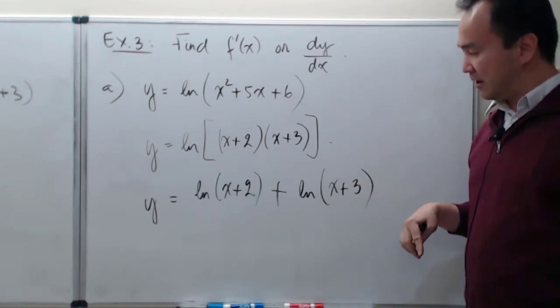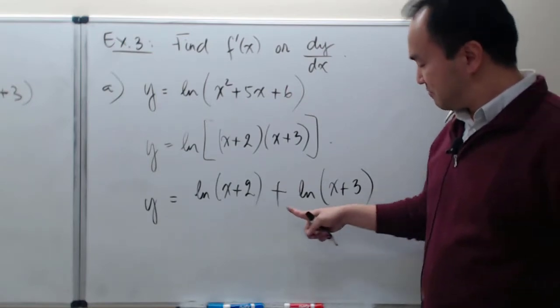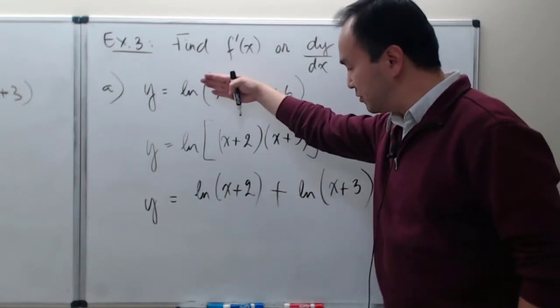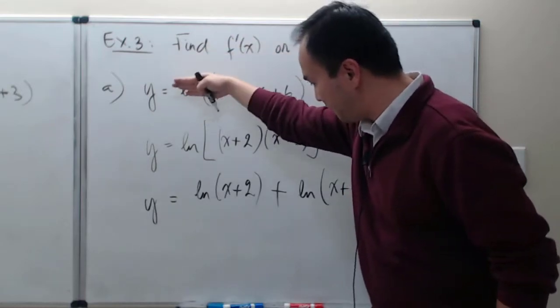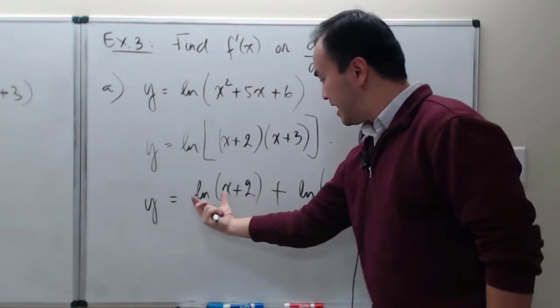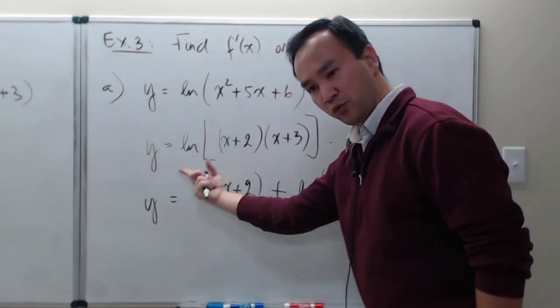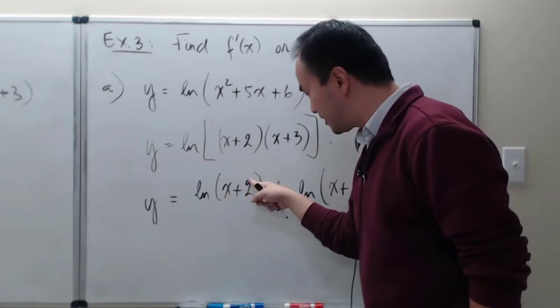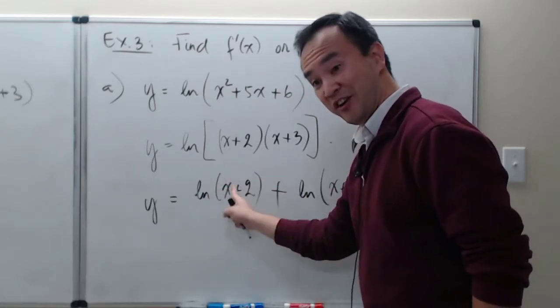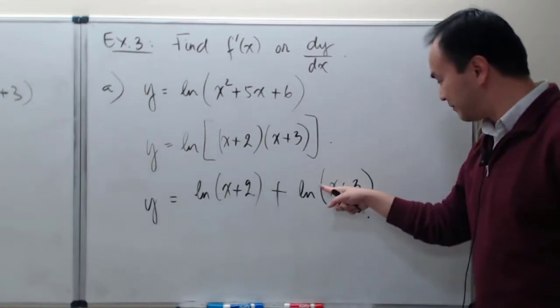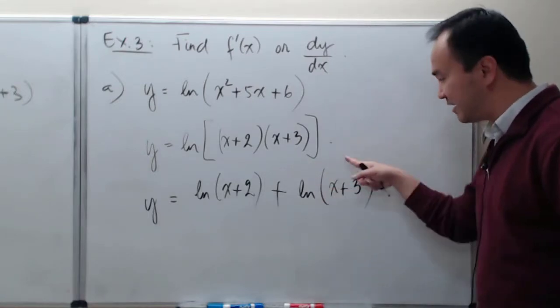And now here's how useful it can be. Now you turn your problem from one term, one function, into two separate terms. Natural log of x plus 2 is one function, one term. There's a little bit of inside and outside, so chain rule can apply here. There's a little bit of inside and outside in this term right here.